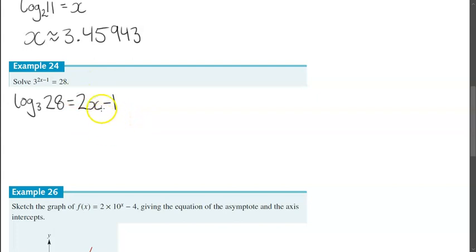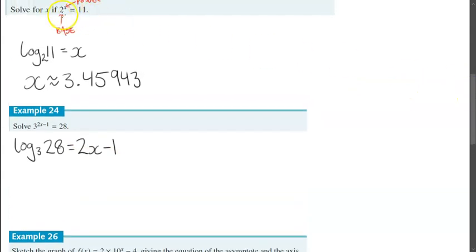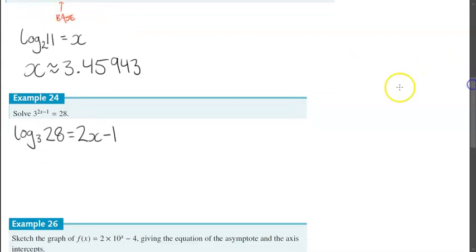Again, we're going to use our ClassPad calculator, but there's just a little bit more that we're going to do algebraically, because in the first example, we only had a pronumeral as our power. There was only just one of them. In this case, we've got a coefficient and we've got a minus 1. So we just have to do a little bit of rearranging in order to get our x by itself.